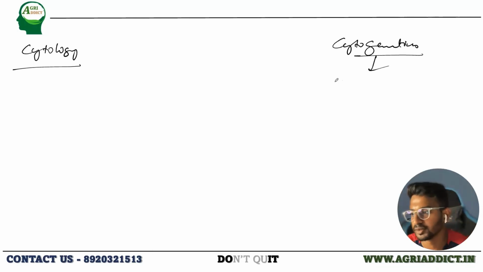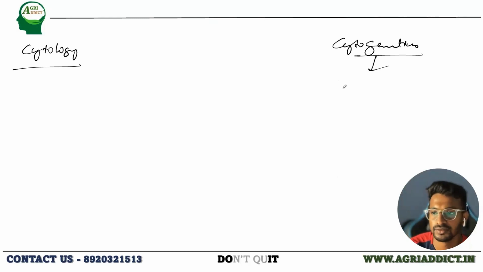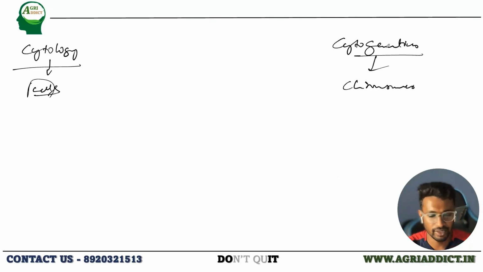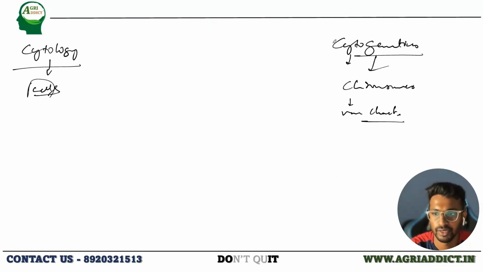What about cytology? Cytology is the study of the cell, while cytogenetics is the study of chromosomes. Exactly. So cytogenetics is mainly the study of chromosomes, and here it is the study of cells. To give a proper definition, cytogenetics is the study of chromosomes and their effects on the development of various characters.